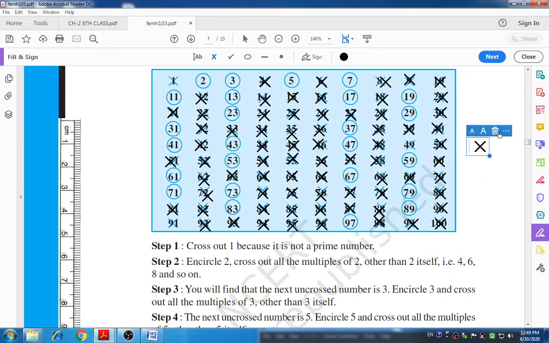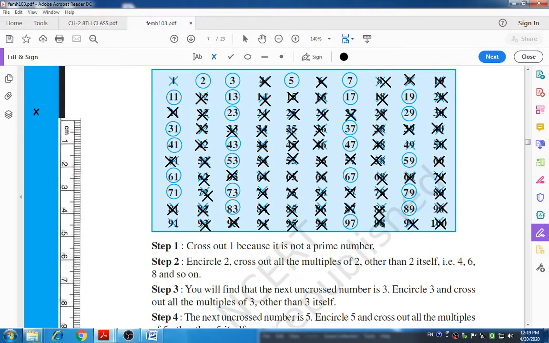They can also ask to write the prime numbers between 1 to 100. So which numbers can you write here? Absolutely correct. That is 2, 3, 5, 7, 11, 13, 17, 19, 23, 29, 31, 37, 41, 43, 47, 53, 59, 61, 67, 71, 73, 79, 83, 89, 97 are the prime numbers between 1 to 100.